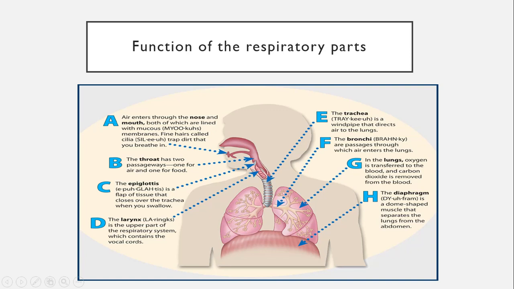It closes in order for the air to pass freely to the windpipe, or the trachea. As we said, here are the vocal cords found inside the larynx, and here are the lungs, and here is the diaphragm.